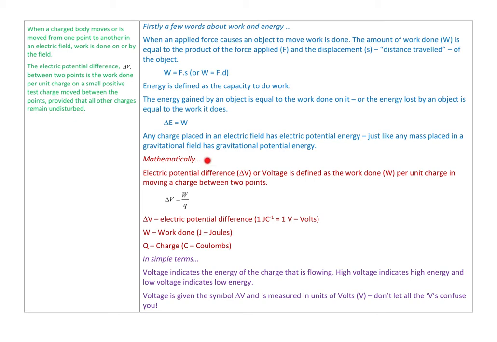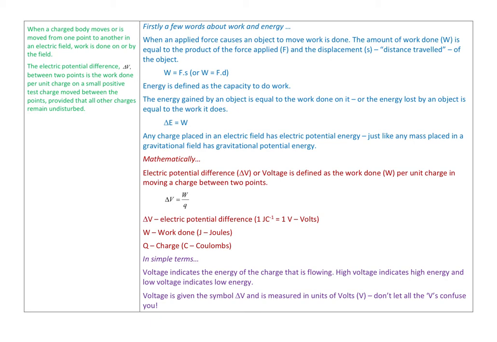So mathematically, how do we express what we've just said here in a more rigorous mathematical way, at a Year 12 level, let's say? Electric potential difference, which we give the symbol delta V, or voltage, where delta is just that upside down triangle, is defined as the work done per unit charge in moving a charge between two points in an electric field.